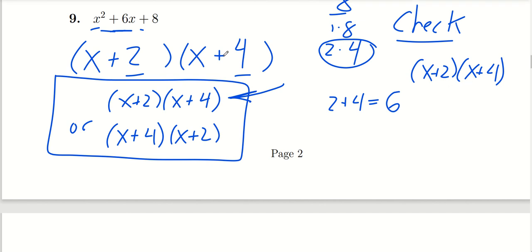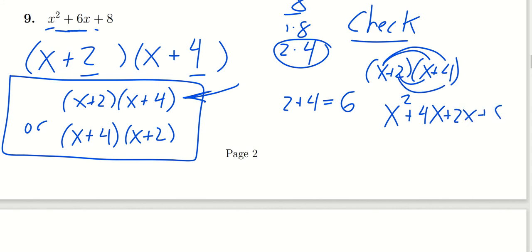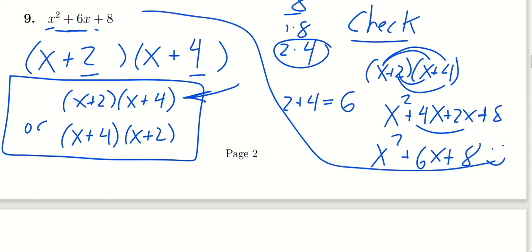If I multiply this out, does that really give us x squared plus 6x plus 8? Well, x times x is x squared. X times a positive 4 is a positive 4x. 2 times x is 2x. And 2 times 4 is 8. We can combine the middle terms to get x squared plus 6x plus 8. And that's exactly the thing that we started with. So that checks us and lets us know that we did do the correct factorization.